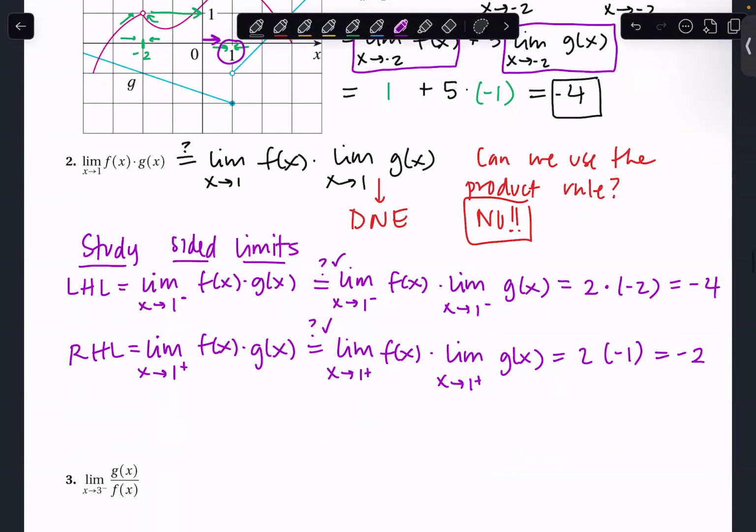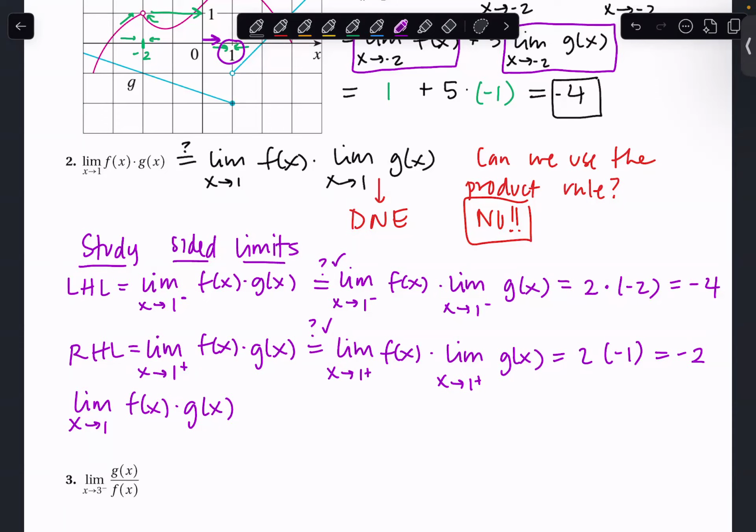What does this tell me about the overall limit as x approaches 1 of that same product? What can I say if my left and my right-handed limits don't agree? Say louder. Doesn't exist, right? I need to approach one single value. So if I'm approaching 2 different values depending on the side, my limit does not exist.